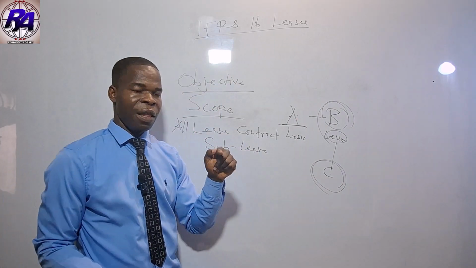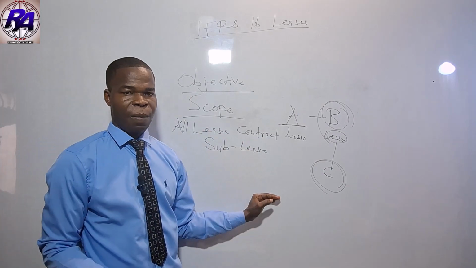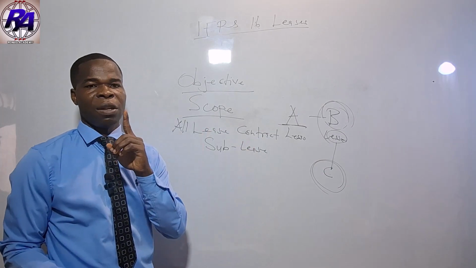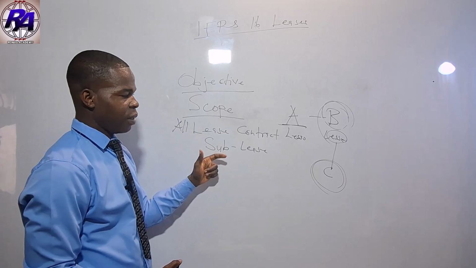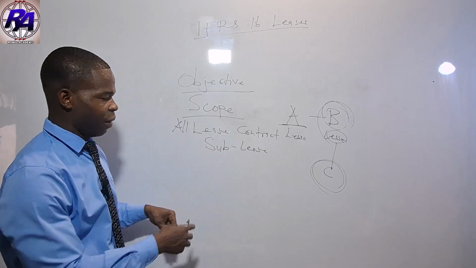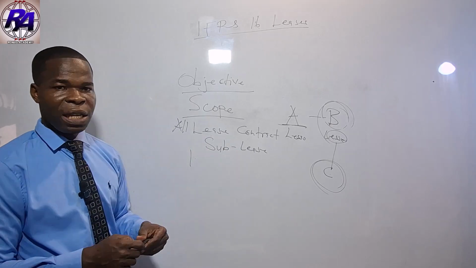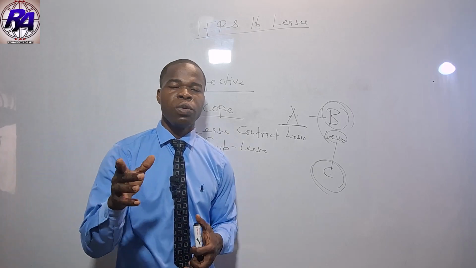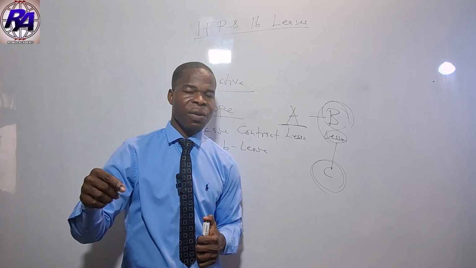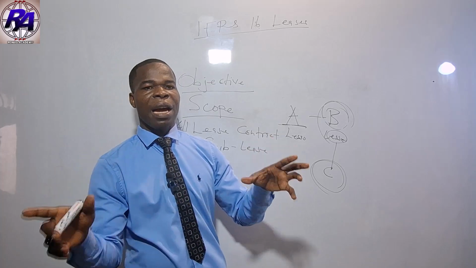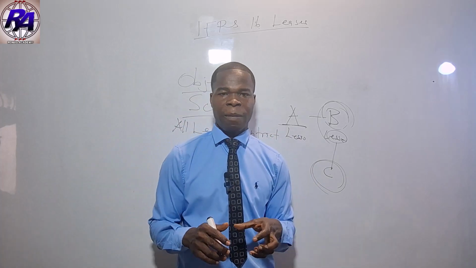Now, the following items IFRS 16 does not cover. The first one has to do with leases to explore for or use minerals, oils, and any other items of a similar nature.